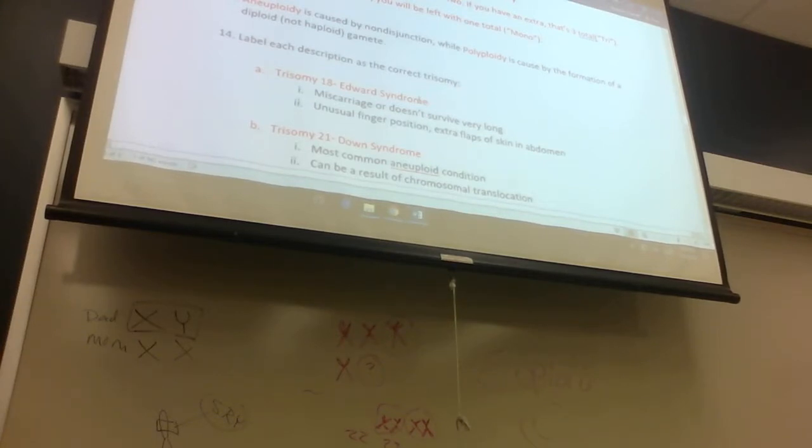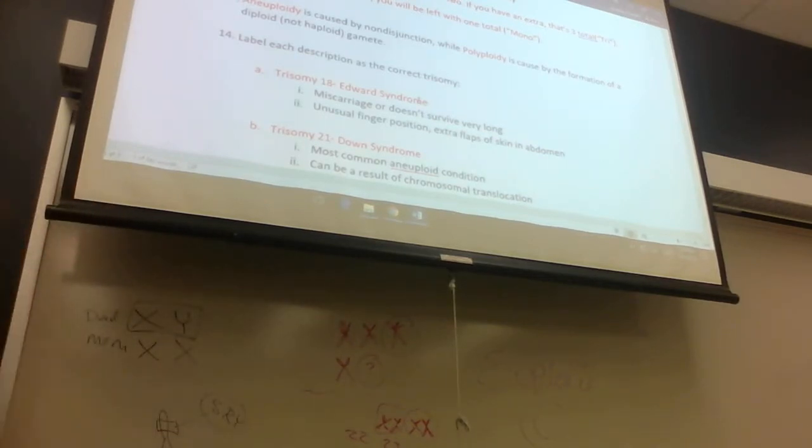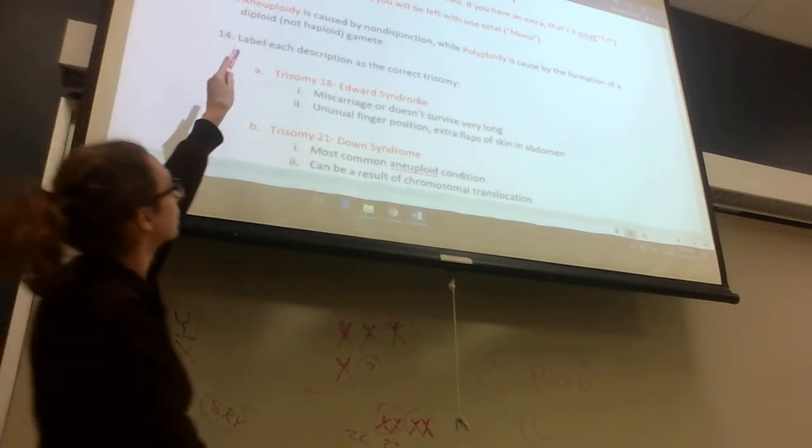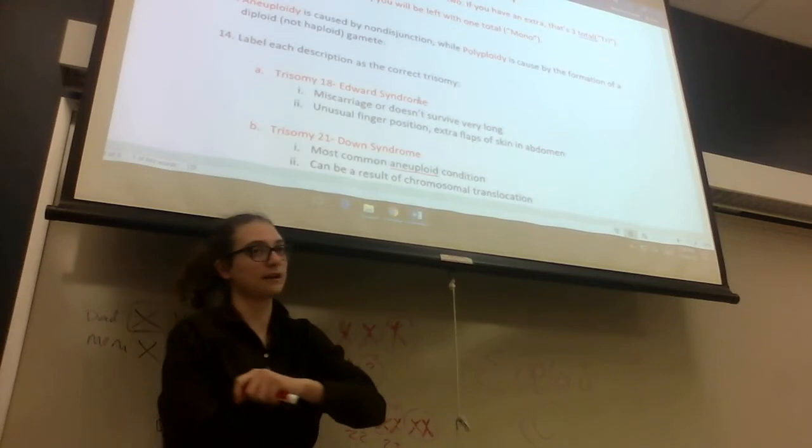This is just if you see it in your book. Aneuploidy is caused by non-disjunction, while polyploidy is caused by the formation of a diploid gamete. If you have a non-disjunctional chromosome, you're going to have aneuploidy, either too many or too few. Normally you would have a haploid gamete, but a diploid one causes multiple sets.